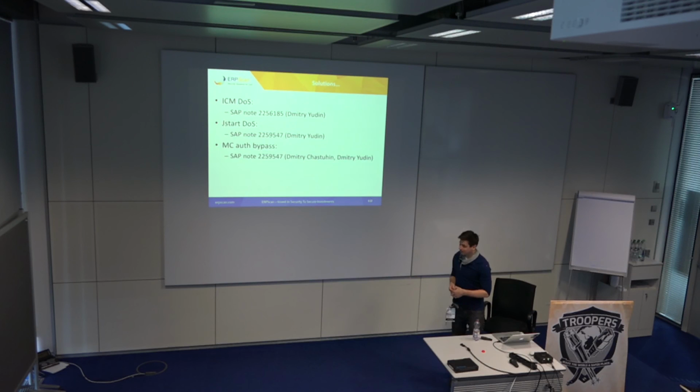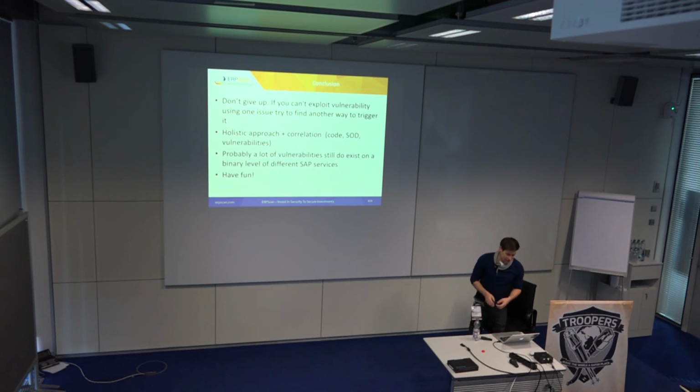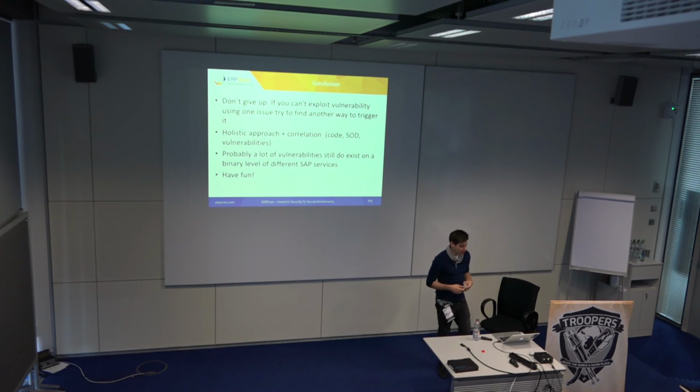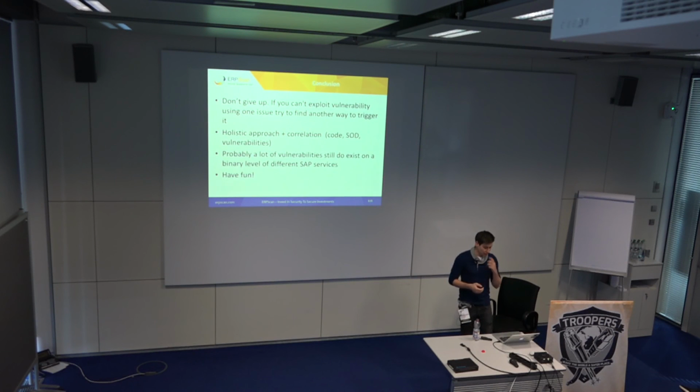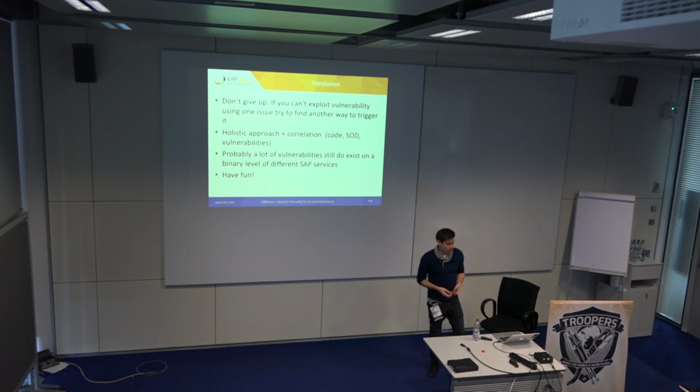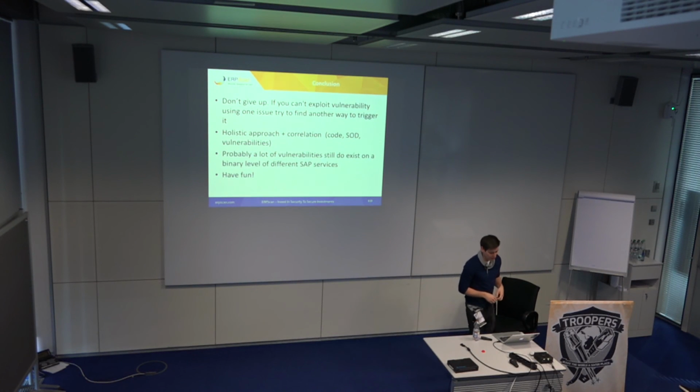Maybe some mistakes still exist. And as a conclusion, I want to say to security researchers, do not give up. If you can't exploit some vulnerability using one issue, try to find another way to trigger the same issue, and you will probably get the result.